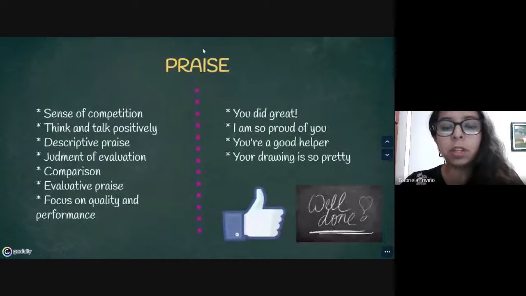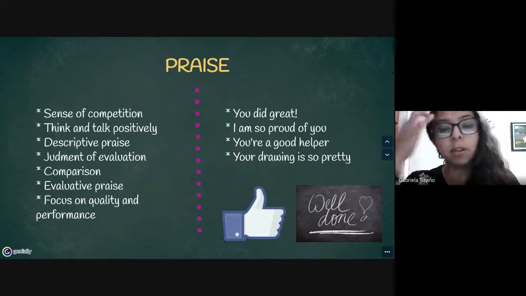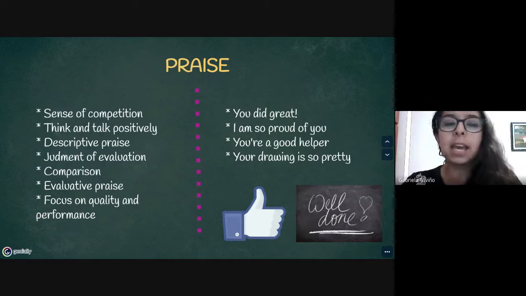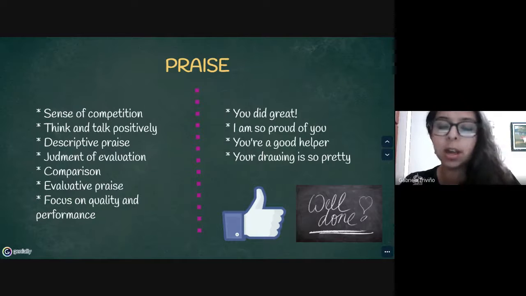If we continue with praise, we need to take into account that praise and encouragement are frequently confused, but they are different. Why? Because in praise, you create a sense of competition among the students. For example, you say, wow, great job.